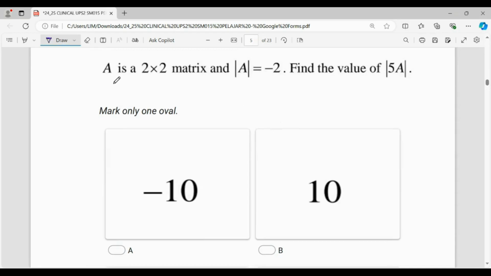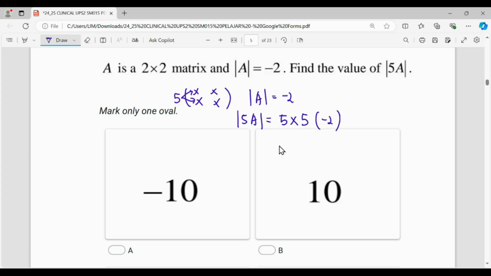And then for the next question, A is a 2 by 2 matrix. So a 2 by 2 matrix has 2 rows, and the determinant of this A is negative 2. When it is multiplied by 5, the determinant of 5A expands 5 to the first row, so the determinant will be times 5. Expanding 5 to the second row, it will also times 5 to the original determinant.